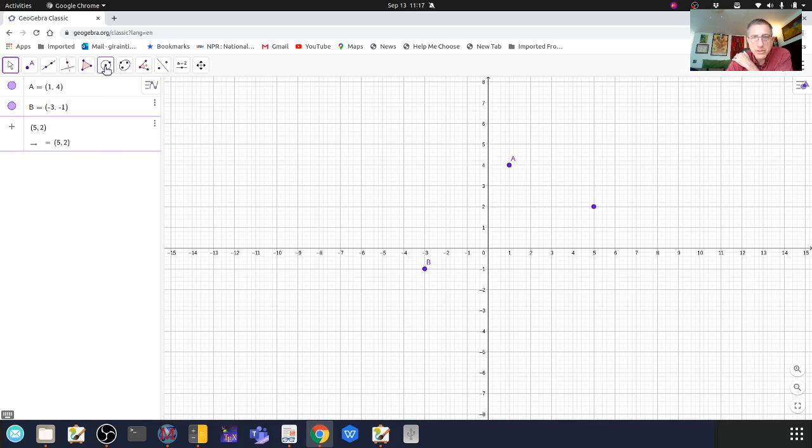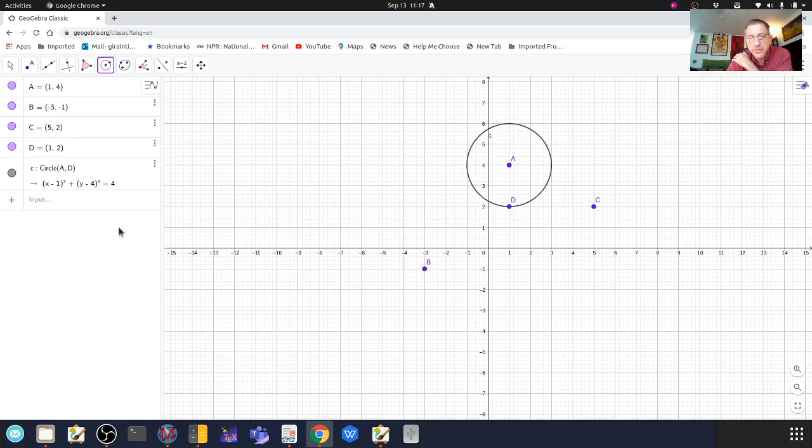So let's actually start right here with A, and let's draw a circle with radius 2. So I'm going to go down, and I'm going to stop when I get to 2 units below it. So that's going to be pretty close. Now for my point -3, -1, my point B, it has a circle of 5.